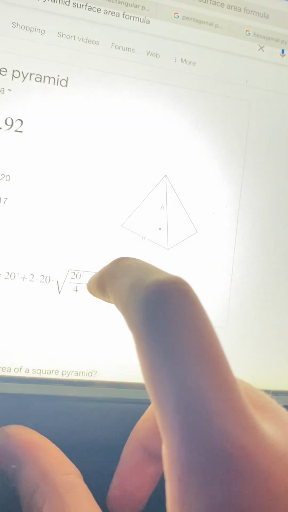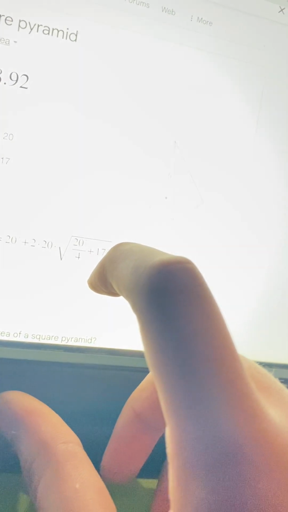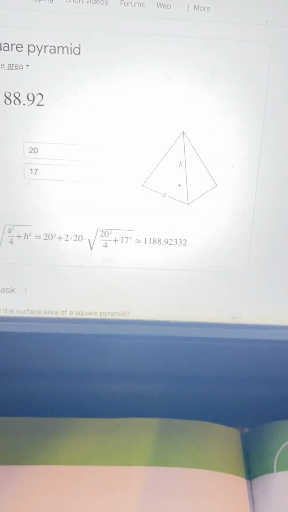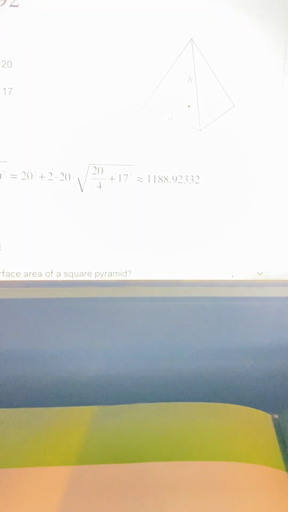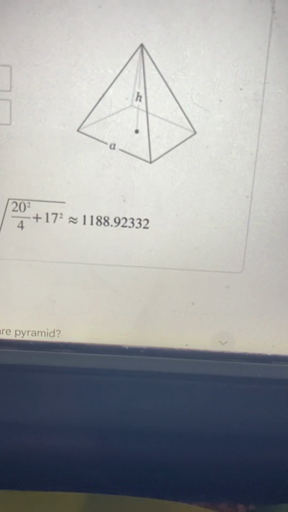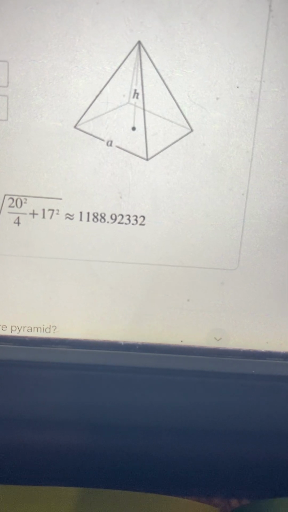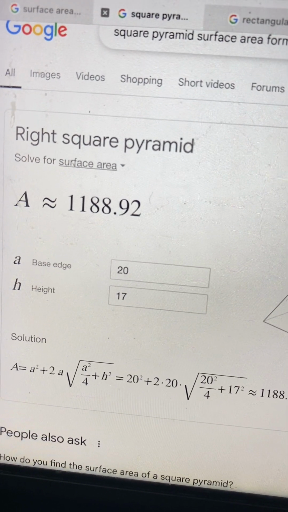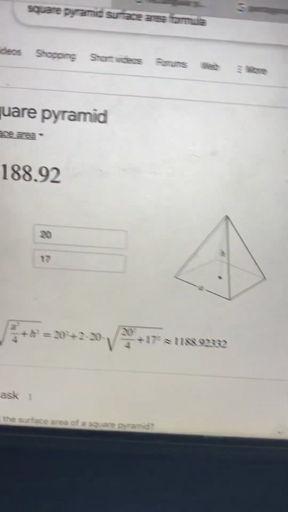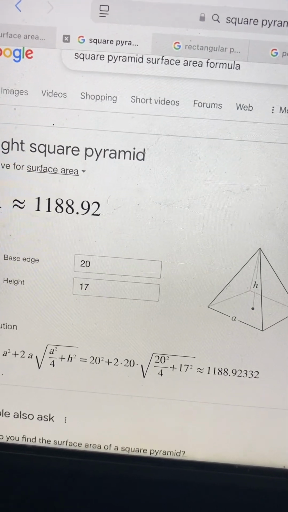Then you multiply that by the square root of 400 divided by 4, which is 100, plus 17 squared, which is 289. And 289 plus 100 is 389. 440 times the square root of 389 is very complex, but it approximately comes to 1,188.92332, or simply 1,188.92. But that is the surface area of the square pyramid overall.